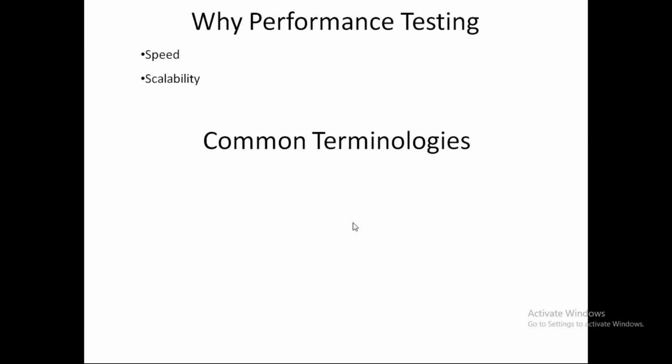Then comes scalability. Now, for example, my application is very fast. The response time is very low. It is responding very fast for a particular number of users. Now, we as end users are using one application. For us, it is just an application.